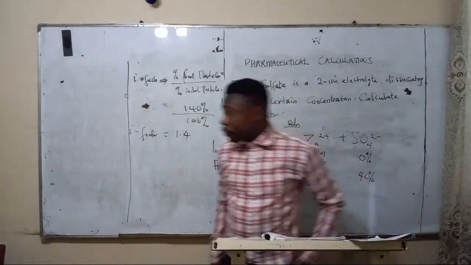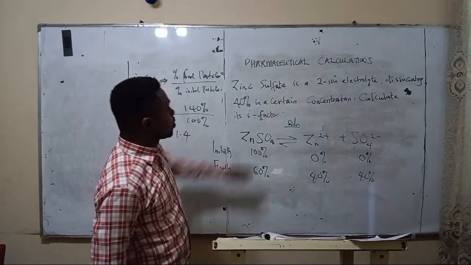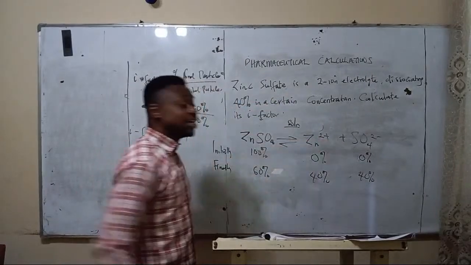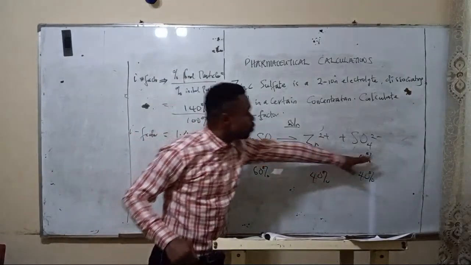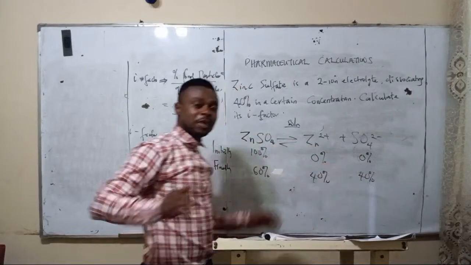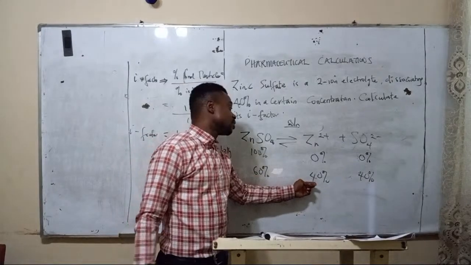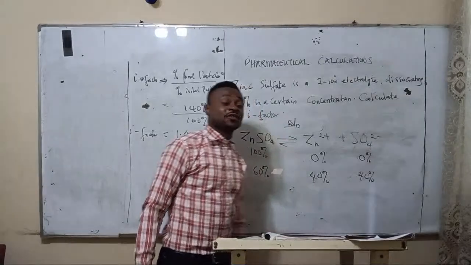Let me go through it again. It's a 2-ion yielding compound, giving zinc and sulfate. Initially, before the dissociation, it was 100%, so no particles, no dissociation. That's why here and here is 0. But after dissociation, 60% remains, 40% zinc ion, and 40% sulfate ion.